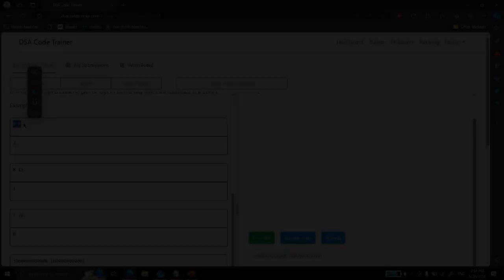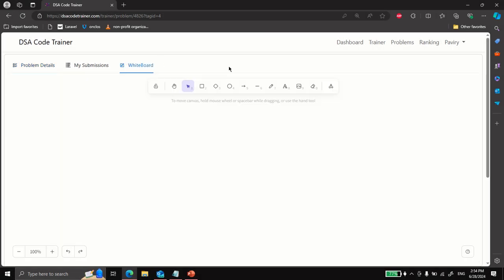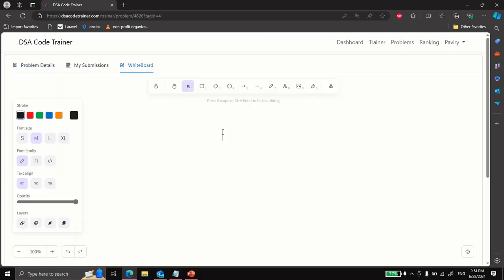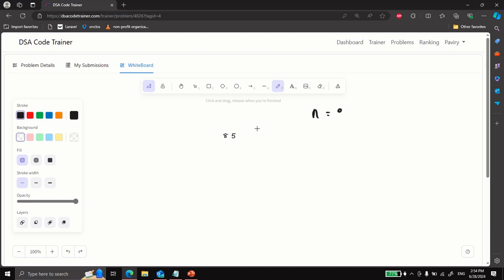So let's see with this test case how we can solve it. Basically what they are telling us is that we are going to have n toys and we have to pay 5. So this is going to be the cost.